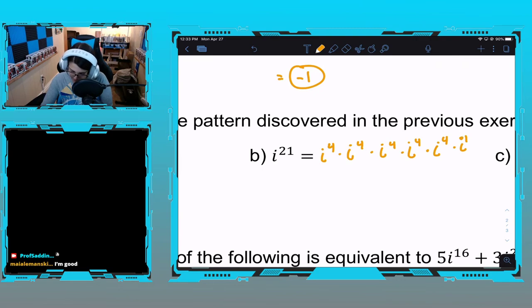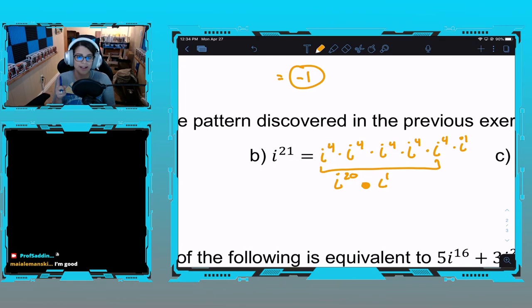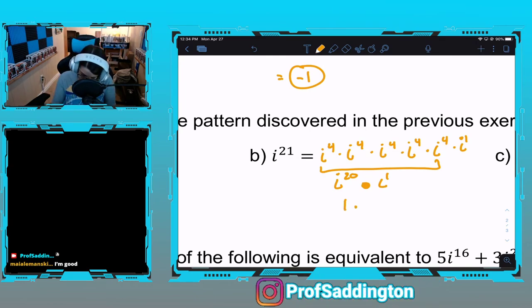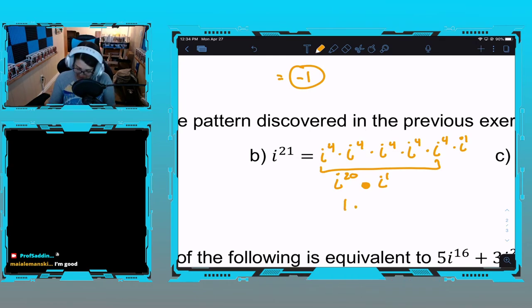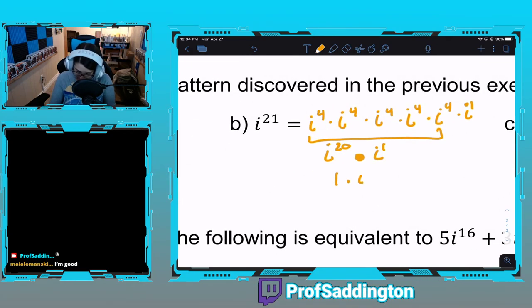All right, there we go. Well, all these i to the 4ths, it's really like saying i to the 20th times i to the 1st, because all of those i to the 4ths is just positive 1. So we really just have 1 times i to the 1st power, which is just i. So therefore, it equals i.